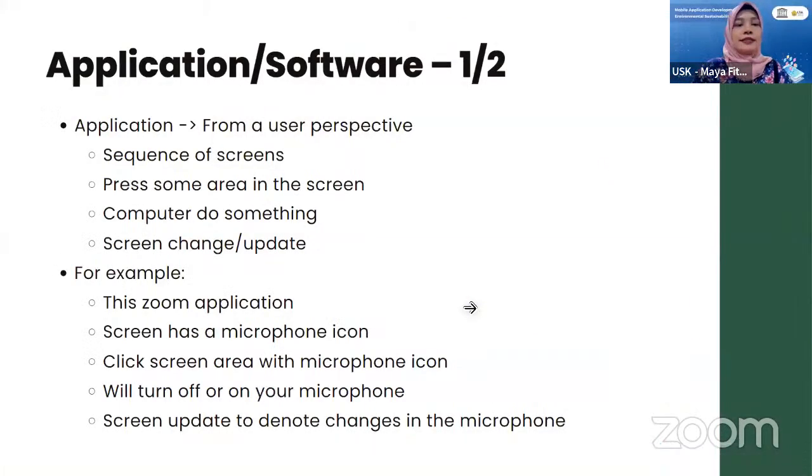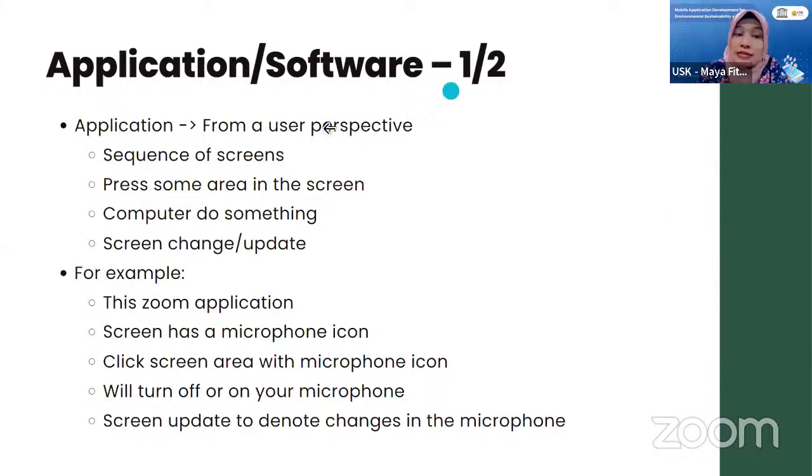All right, now we talk about the application of software. An application from the user perspective is a sequence of screens. When we press some area on the screen, the computer gives a reaction and does something, like changing the screen or giving some status or update.